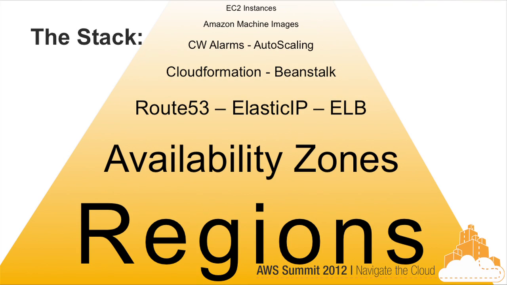So we have regions available around the globe. We have availability zones. We have Route 53 for DNS and elastic IPs for addresses. We built CloudFormation for programmatic management of deployments. We built CloudWatch alarms and auto scaling to allow you to manage the deployments of individual pieces of the infrastructure. And then each of the building blocks, the Amazon Machine Images and EC2 instances, those systems are all designed to be used in a coordinated fashion to build an all-together fault-tolerant stack.